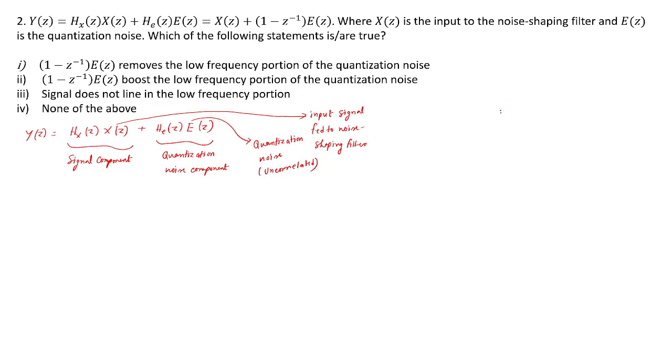So let us draw the block diagram of the situation here. By the way, these Hx and He values are also given here in the question, as Y(z) equals X(z) plus 1 minus z inverse E(z). So we observe that Hx, okay, we'll get into that later.